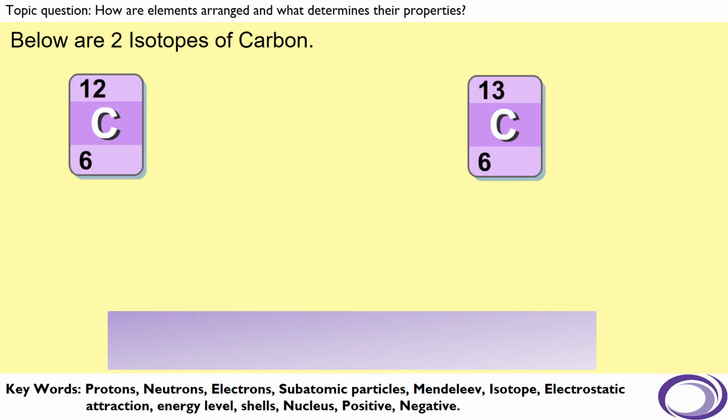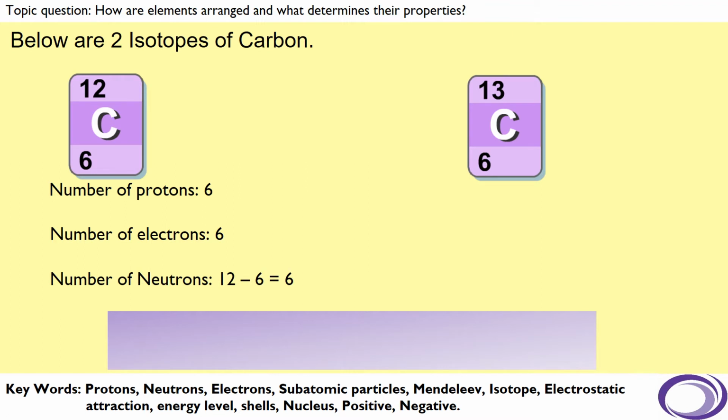Now it's time for us to look at isotopes. On the screen there are 2 isotopes of carbon. The easiest way to discover what an isotope is is to work out how many subatomic particles each of these carbons has. The first carbon, carbon 12, has 6 protons, 6 electrons, and 6 neutrons.